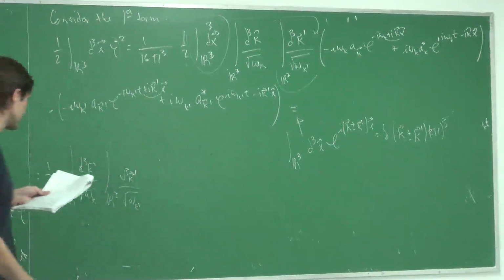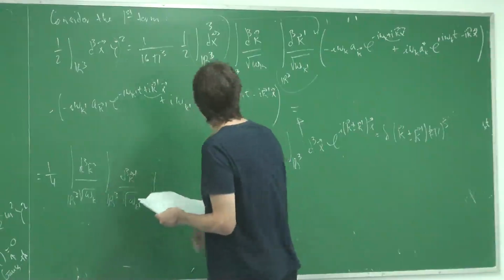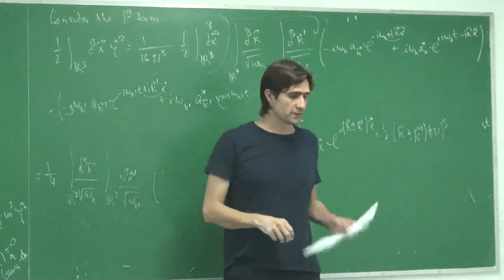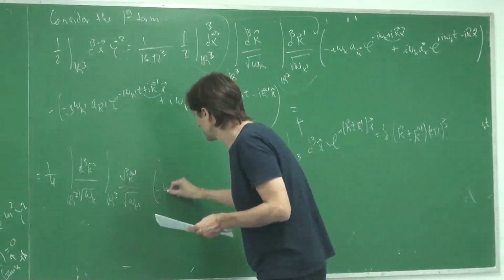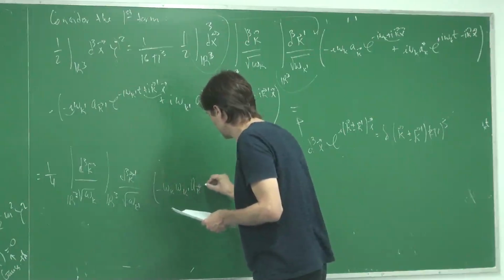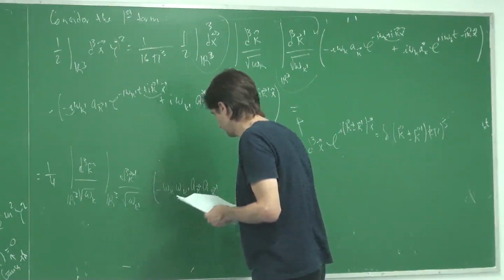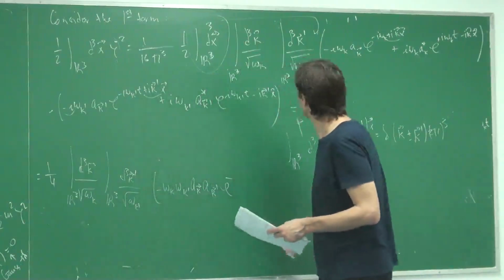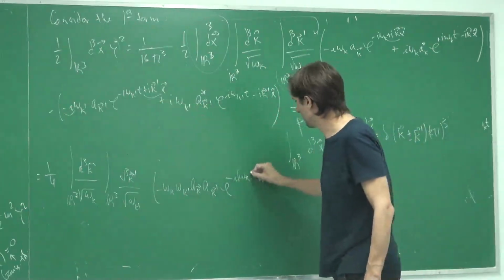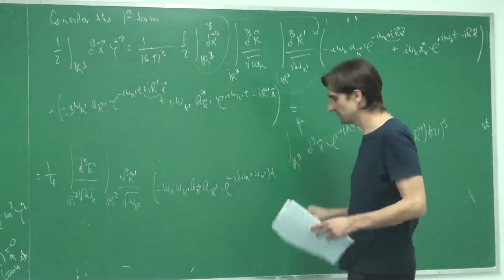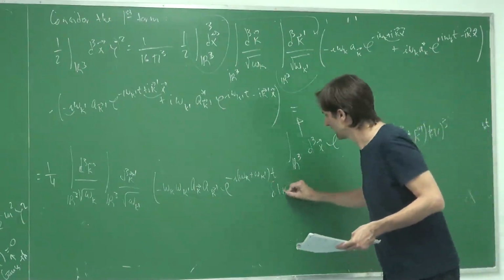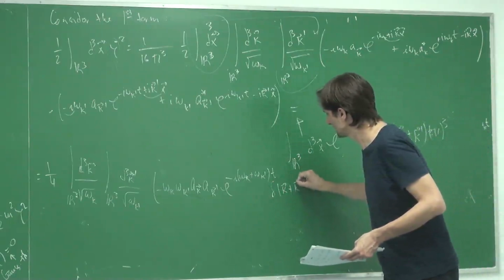Okay, so the first guy, we have minus i times minus i, that gives you minus. So it's minus omega k times a_k times exponential of minus i omega k plus omega k times t. And we have delta of k plus k prime.